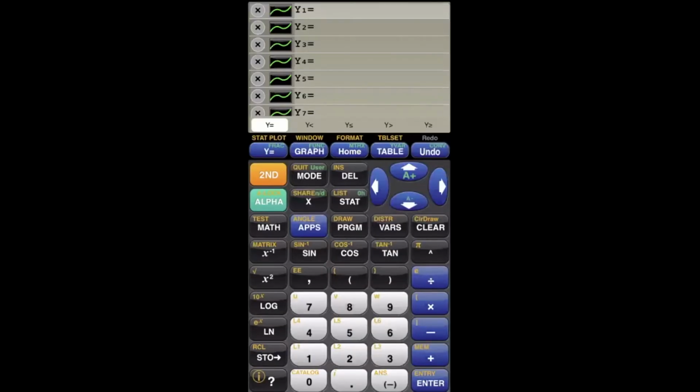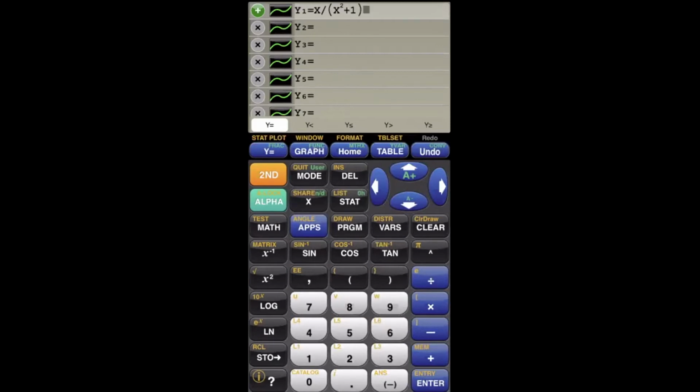All right, so in my y equals screen, I am going to put x over x squared plus 1.